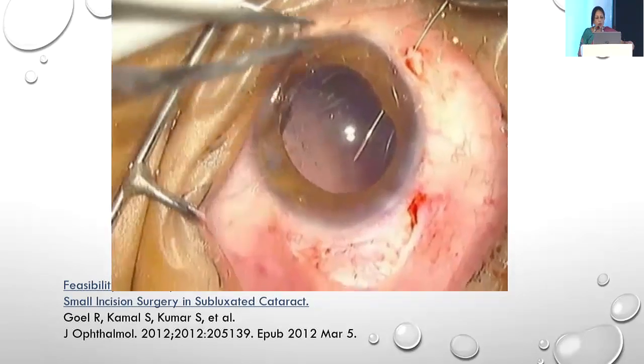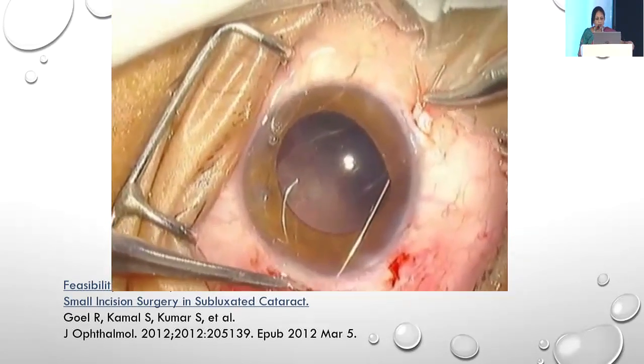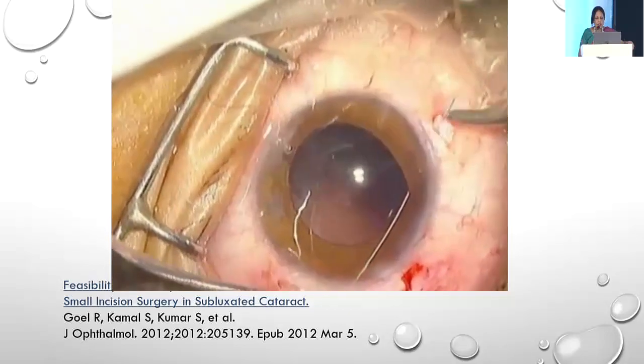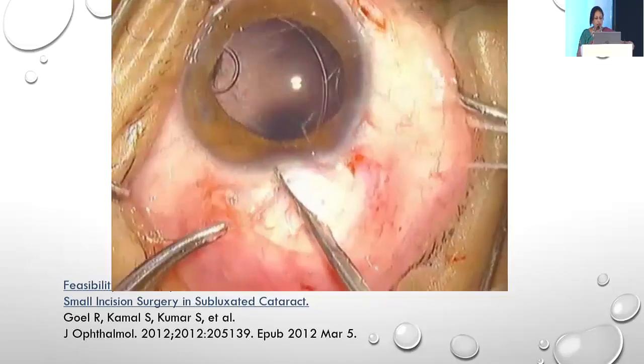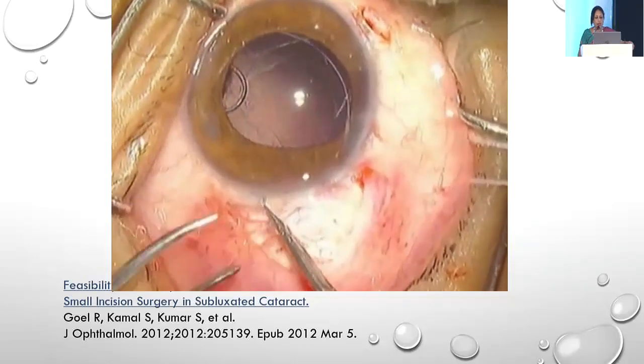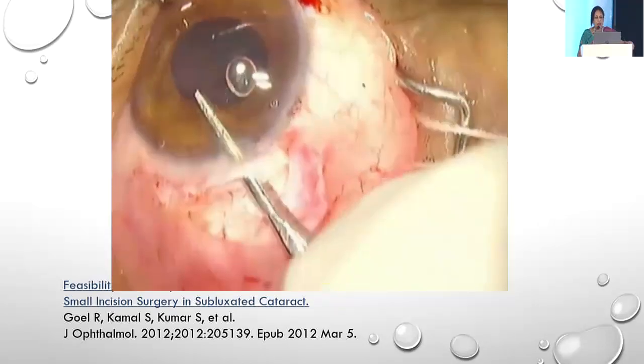Now I created a smaller rhexis so that I have an intact rhexis. This is a single Sioni which is being placed. This is a partial thickness scleral flap being raised. And this Sioni, you tie the eyelet to this straight needle, and this eyelet goes and sits in the sulcus.